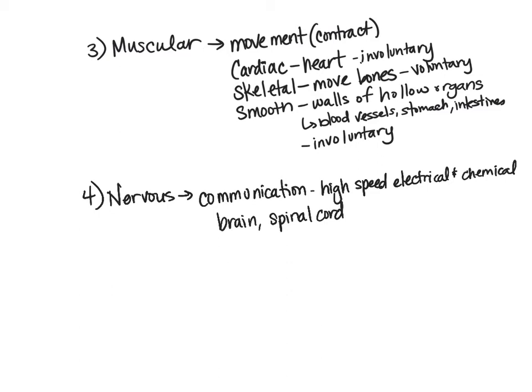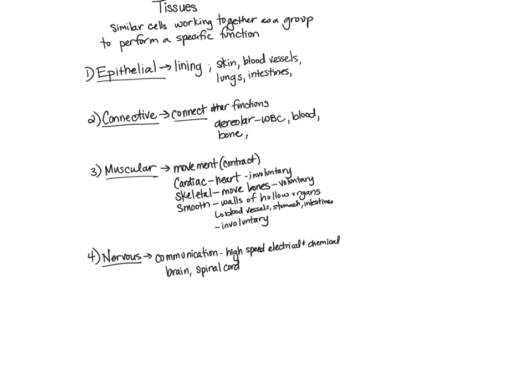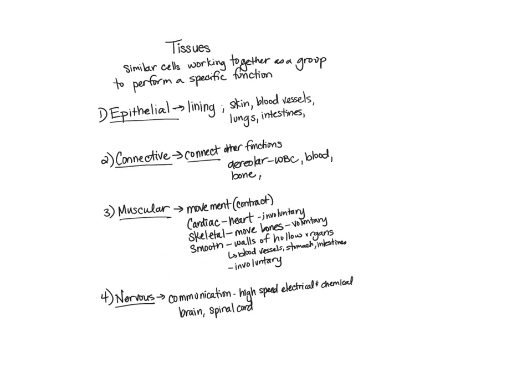So these are four. We have the last one that we just talked about, our nervous tissue. We have the muscular tissue. Then if we zoom out here, we have our connective tissue and our epithelial tissue. As I mentioned, as we move through our semester, we're going to take a closer look at the differences between these tissues as we come across them, and some of the specifics of the different types of tissue, like the connective tissue I mentioned, areolar, which is spelled incorrectly here.